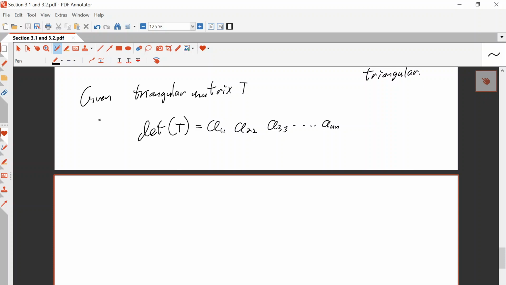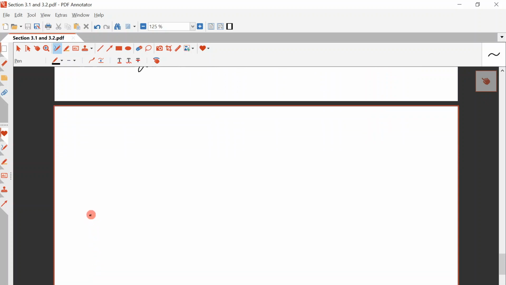So some special properties of determinants are as follows.